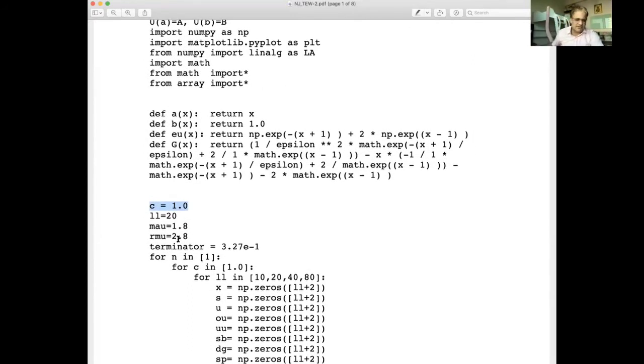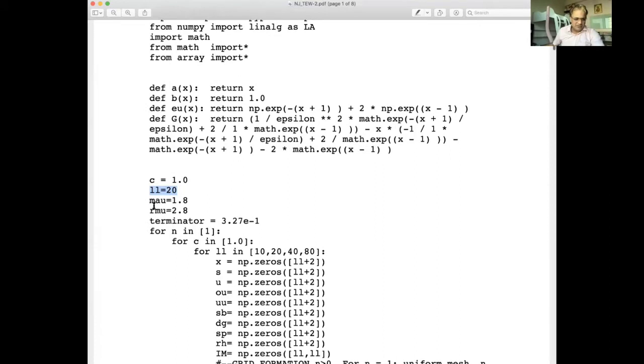LL stands for the total number of grid points, although actually the total number of grid points is LL plus 2, because we have two boundary points. Uppercase LL is written as lowercase ll, which is the number of internal grid points.